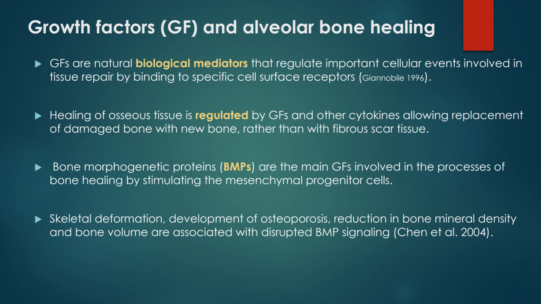Once they bind, these cells go into mitosis, go through the process of development, and become the cell that is responsible for the task that is required. Healing of the bone itself is also regulated by growth factors and other cytokines. Okay? Bone morphogenic proteins are extremely critical.